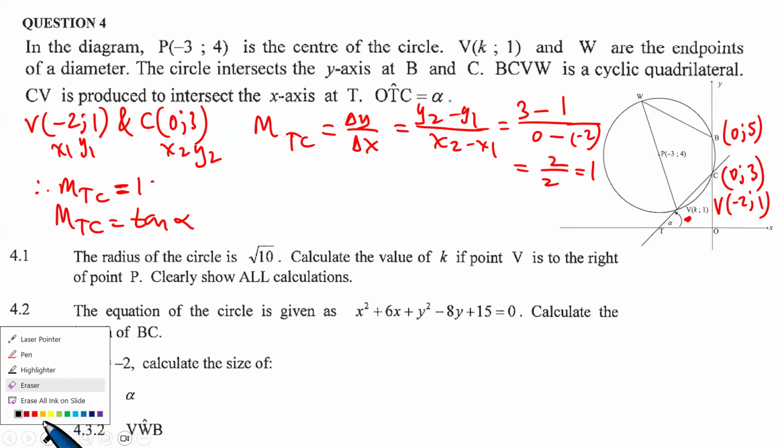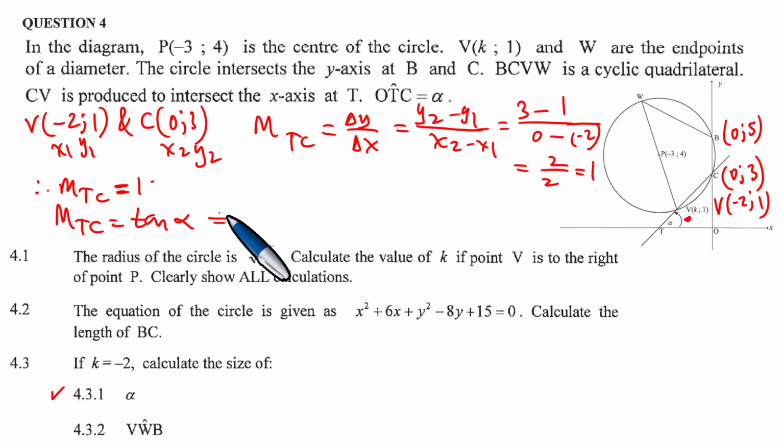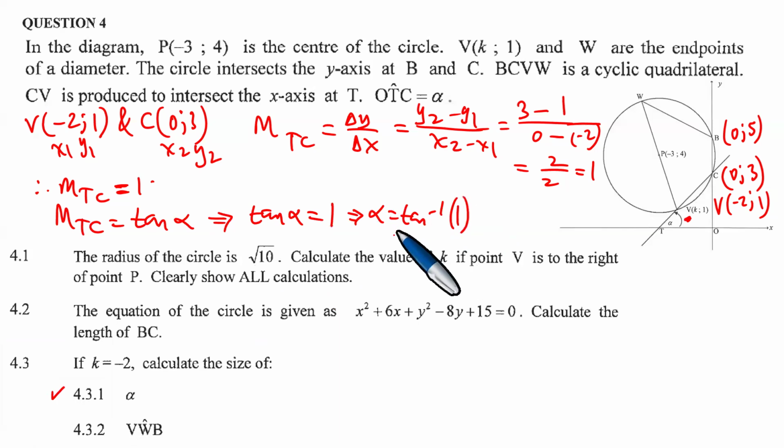So you can say the tangent of alpha is 1, which means alpha is arctan 1, which implies that alpha is the arctangent of 1. What is arctangent of 1?